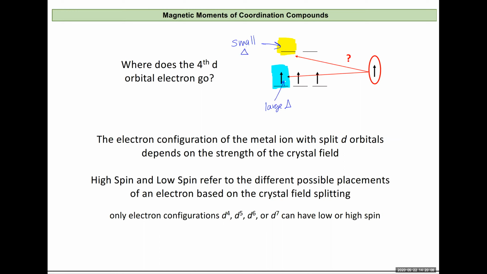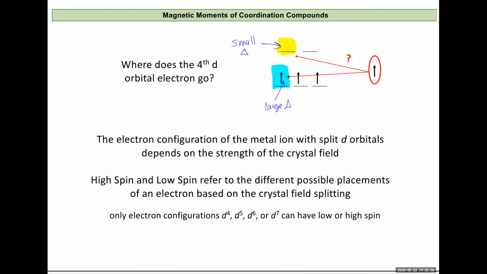Because of that, they'll constantly be repelling one another within the orbital, which generally increases its energy, or makes it less energetically favorable. However, that might be more favorable than putting the energy into populating an electron up high in a higher energy level. So we're going to talk about these differences between large and small crystal field splitting in terms of how electrons populate within the d orbitals.